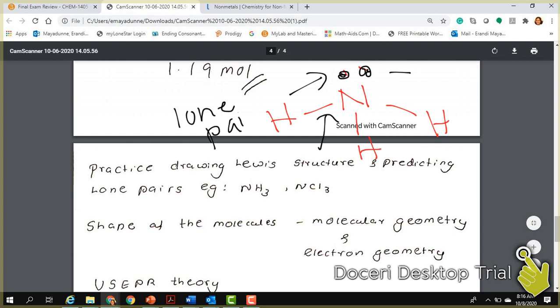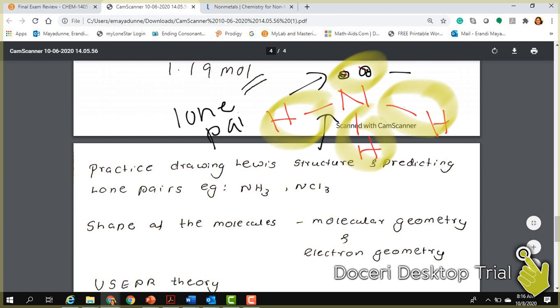If you take this simple compound, there is a difference between molecular geometry and electron geometry. For electron geometry, you just look at how many groups, or domains, are around the center atom. It's one, two, three, four: four domains around the center atom, so the electron geometry is tetrahedral.